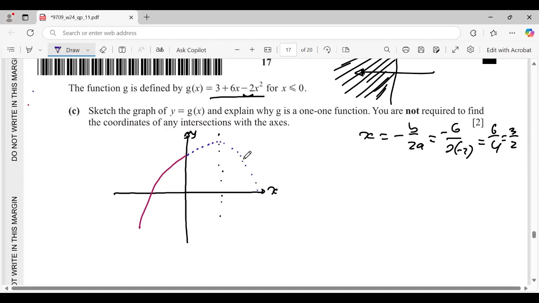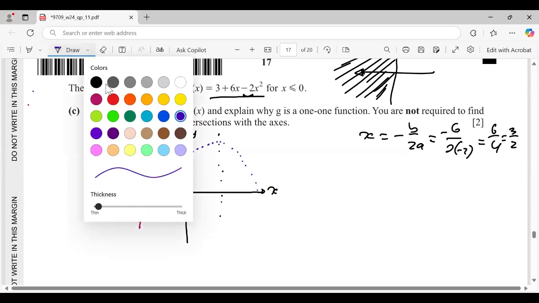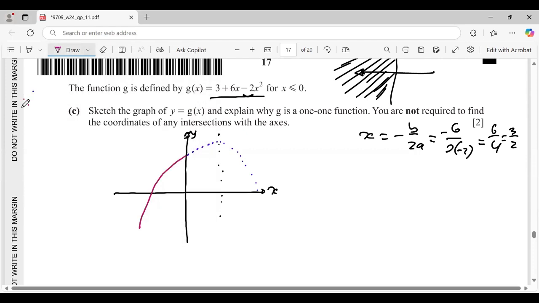This is the parabola, but we're just using the graph on the left side because of this information, x less than or equal to 0, so only this graph. No need to sketch this graph on the right side.